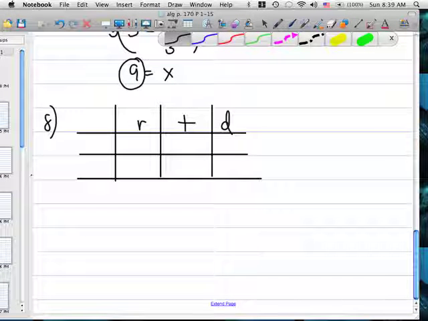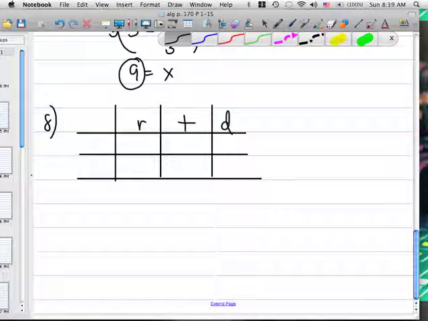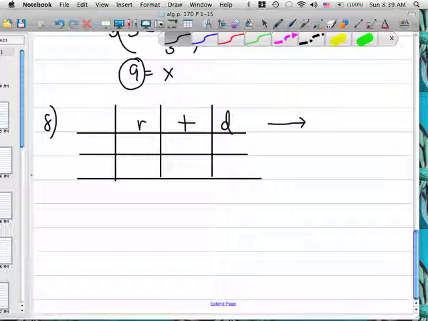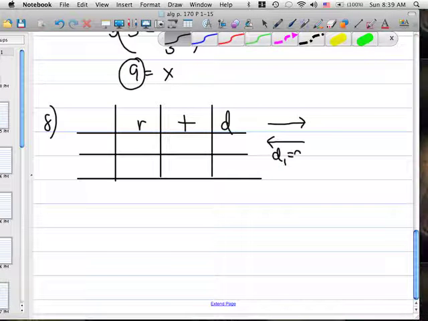Number 8: it takes a plane 40 minutes longer to fly from Boston to Los Angeles at 525 miles per hour than it does to return at 600 miles per hour. So this is a round trip. It's going from Boston to Los Angeles and then from Los Angeles back. So the two distances are equal to each other.